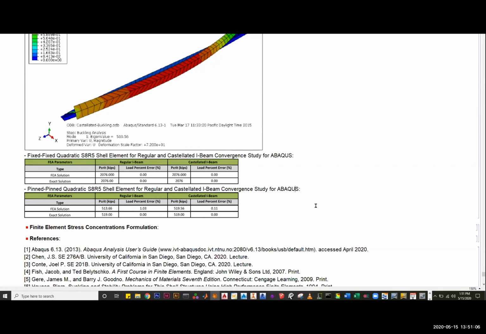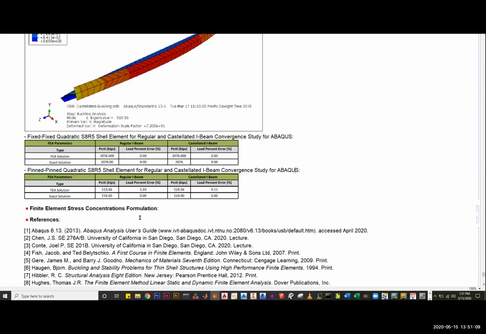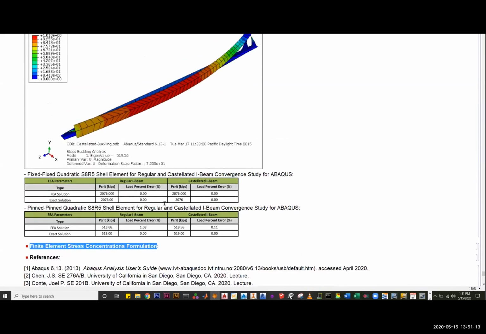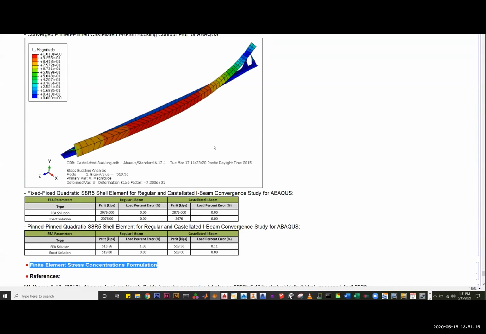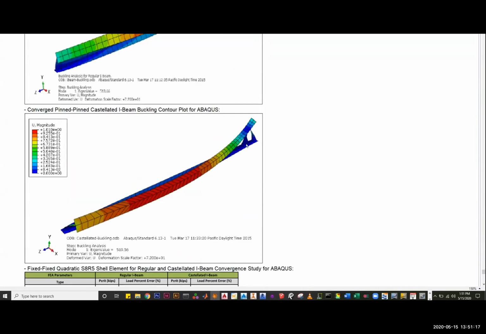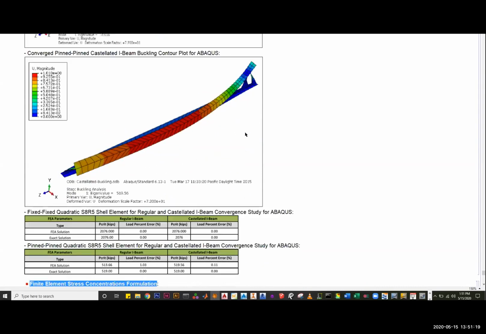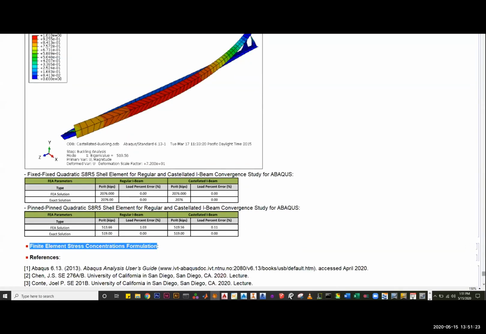All right, so next time I'm going to finalize my stress concentration. I'm really interested in this because I want to see what type of stresses we get because of these perforations.